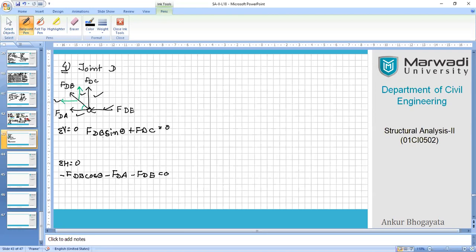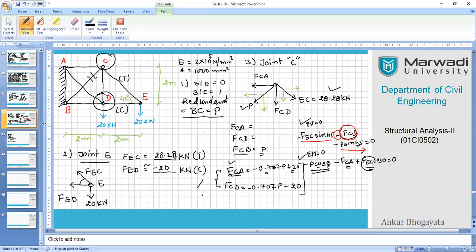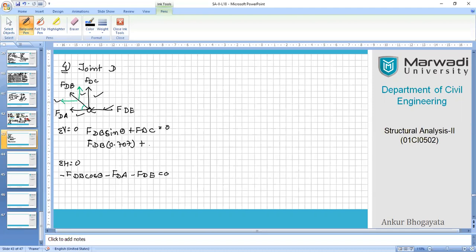So we don't have anything on the side of DB except the simplified value that we can write here, 0.707. But we have DC, so we'll write DC here. Both terms are negative, so we'll write negative 0.707P minus 20, right? So you can do either of the things.